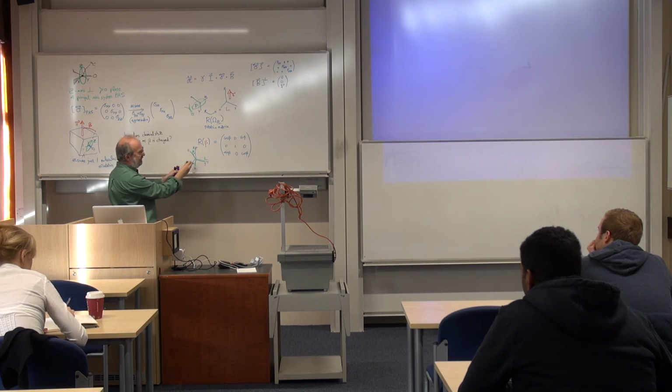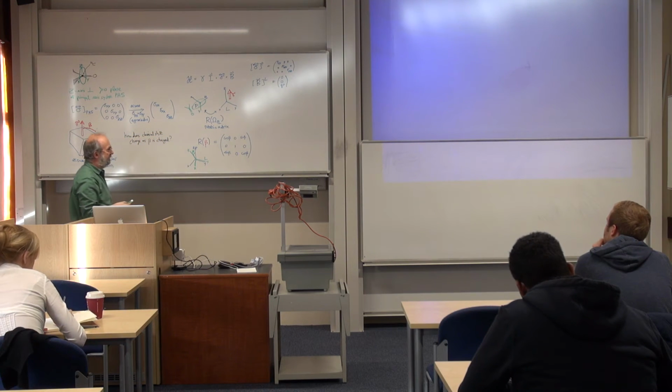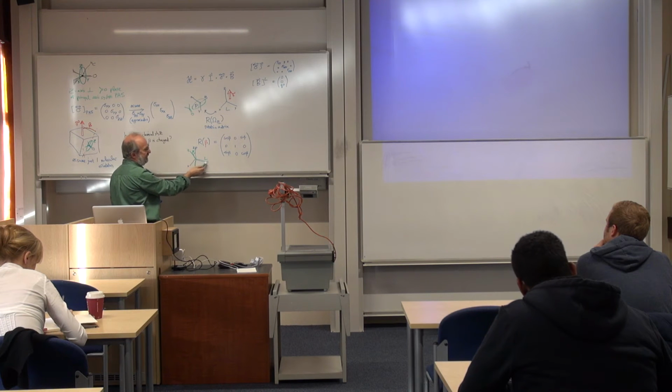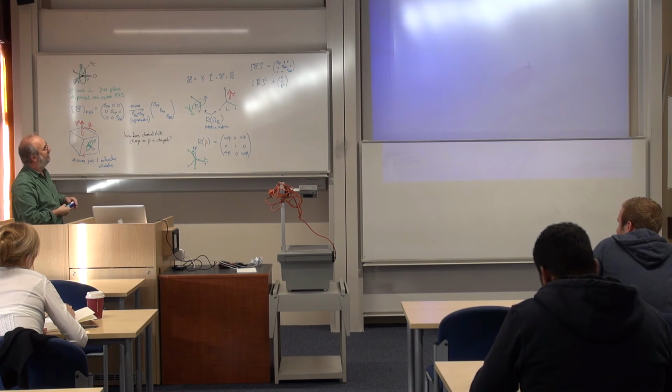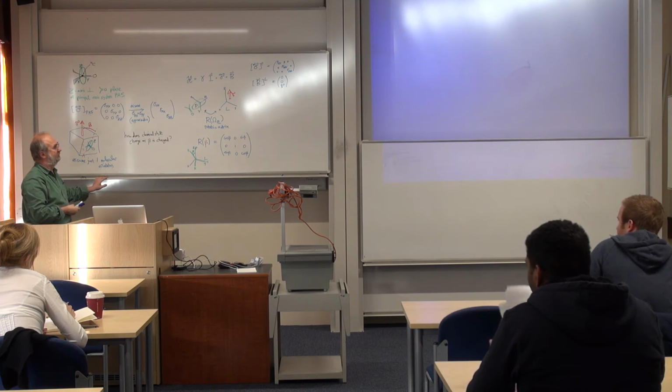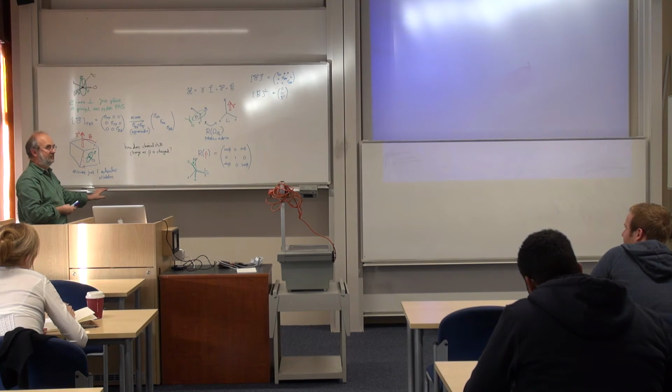And similarly, the x-axis is rotated as well, giving cosine beta and sine beta here, while the y-axis stays where it is. Are you willing to swallow that? So it's cosine beta and sine beta, cosine beta for z.